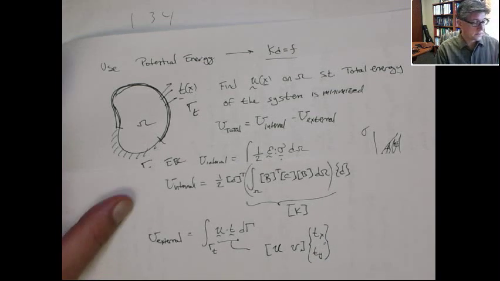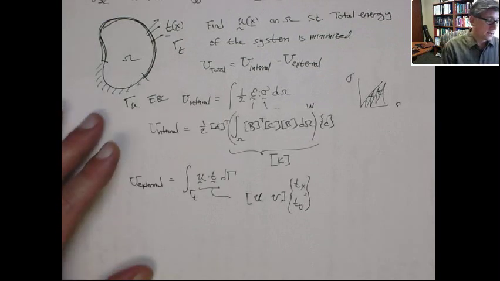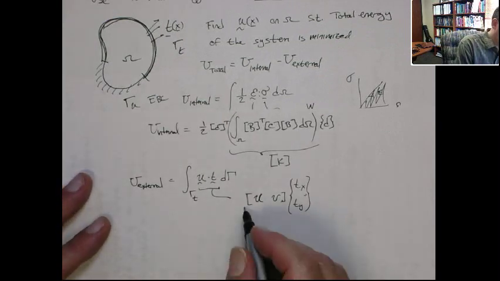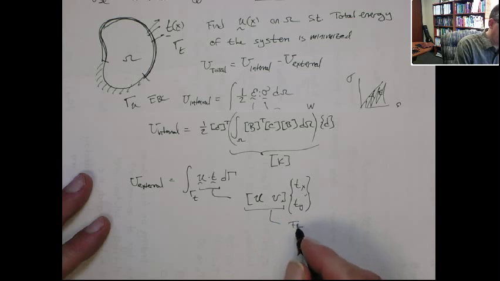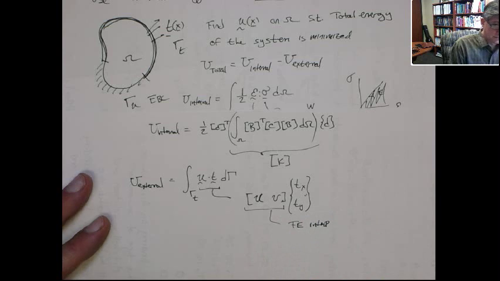All right. Now let me look at this a little bit. So this is what comes about from our finite element interpolation. All right. So I'd like to get this in terms of D and the shape functions. So let's look at the following quantity. Let's do it this way.